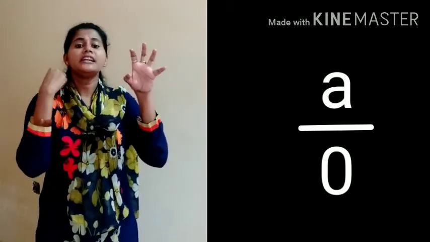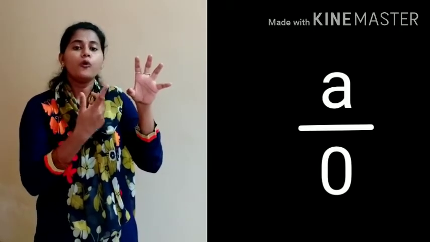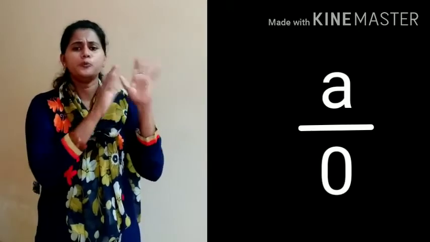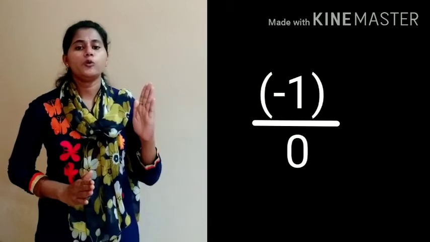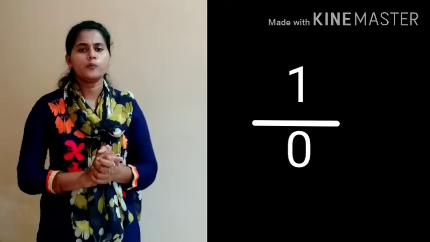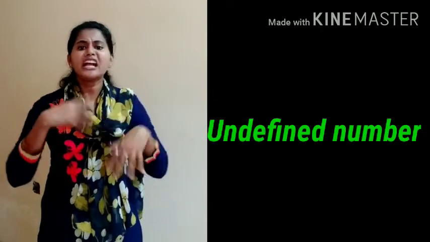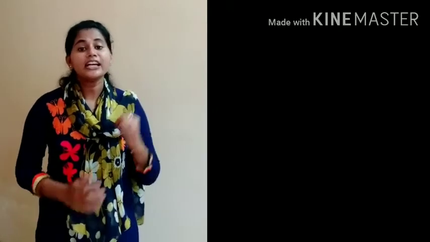You may put minus 1, minus 2, 3, 4 or minus 3, minus 4. Any integer you put. Okay, I will put here minus 1 divided by 0 or 1 divided by 0. What will we get? We get an undefined number. We can't define it, right? So it is meaningless. And the second condition is what?